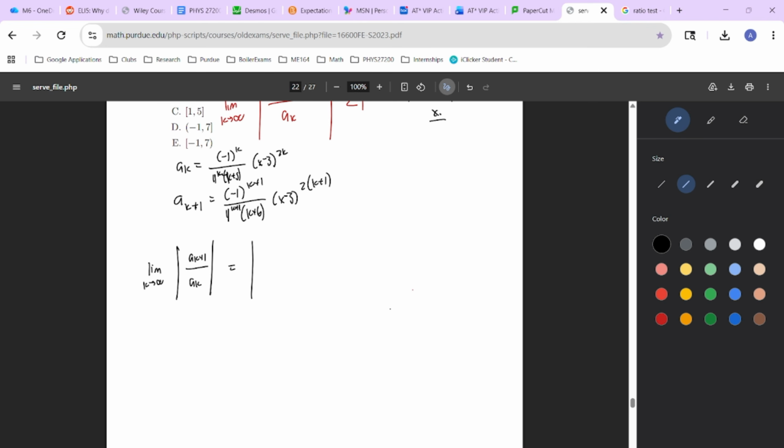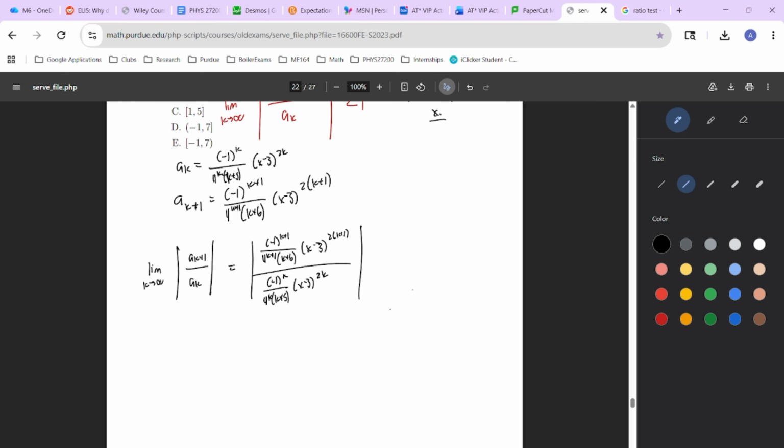So this we can substitute in. This would be negative 1 to the k plus 1 divided by 4 to the k plus 1 multiplied by k plus 6, multiplied by x minus 3 to the 2(k plus 1), over negative 1 to the k over 4^k times k plus 5, multiplied by x minus 3 to the 2k.